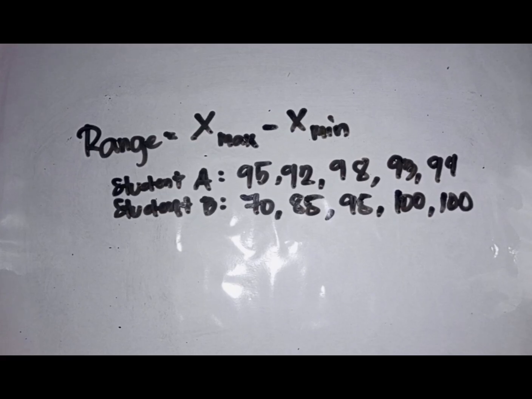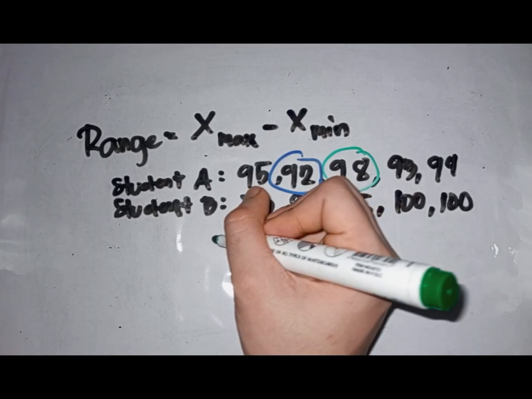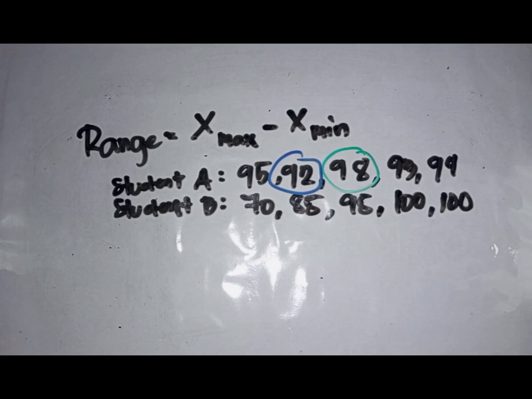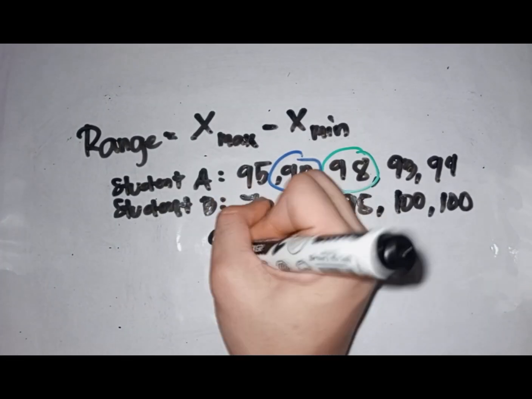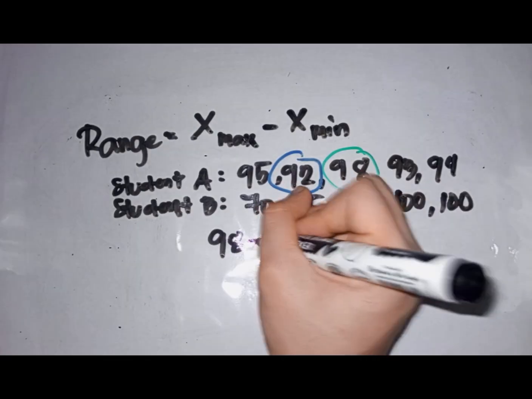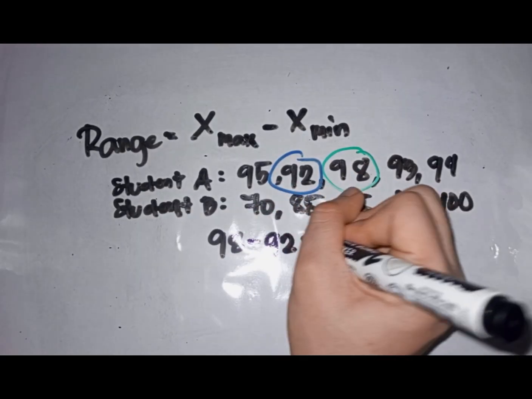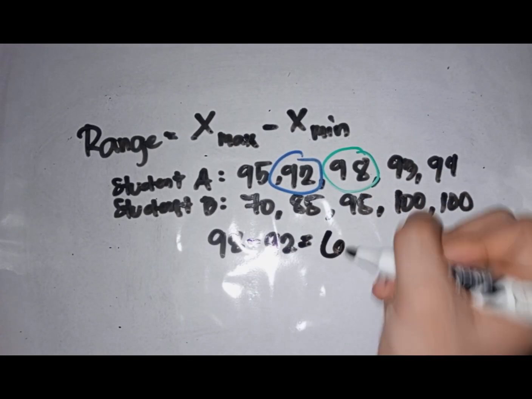The highest score for student A is 98, and the lowest is 92. Okay, very good. So the range is 98 minus 92, that is equal to 6.